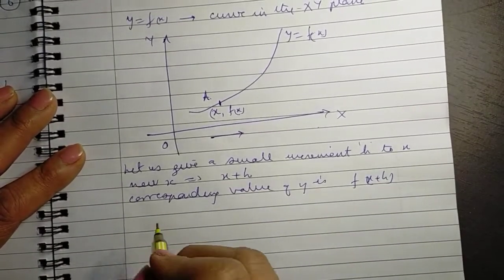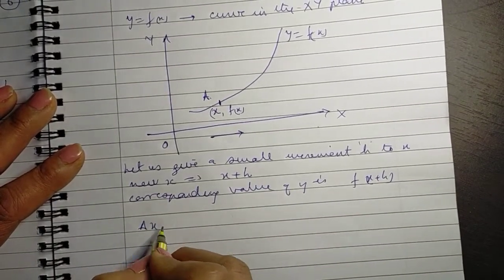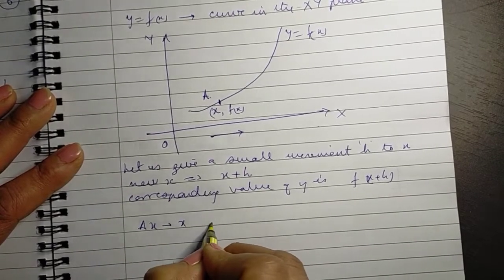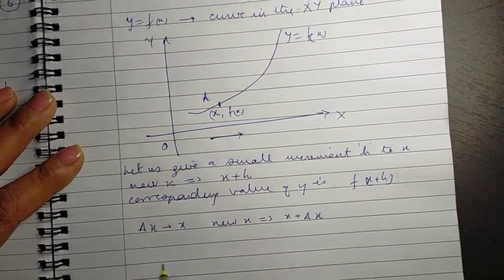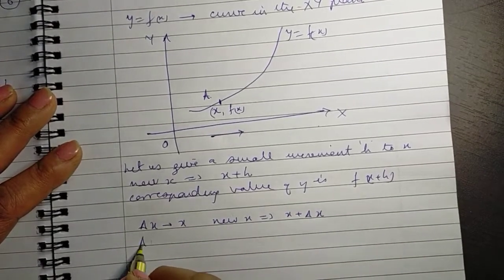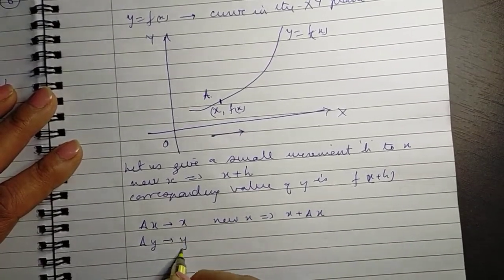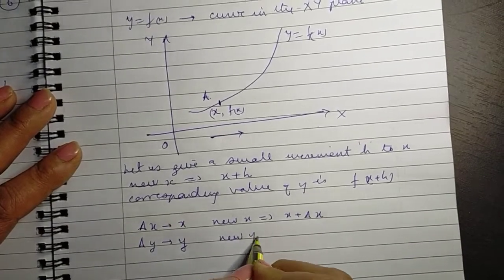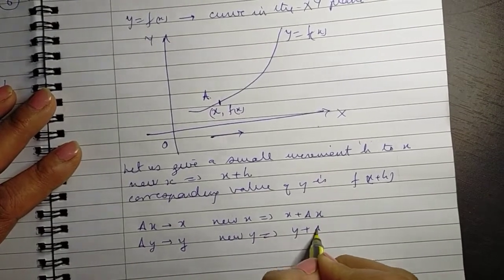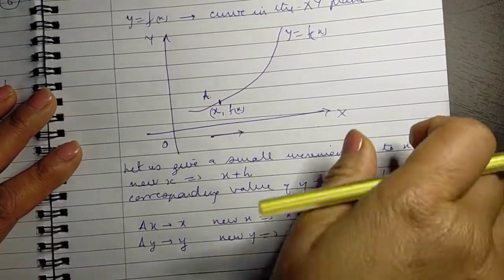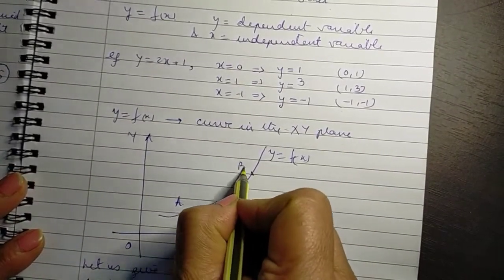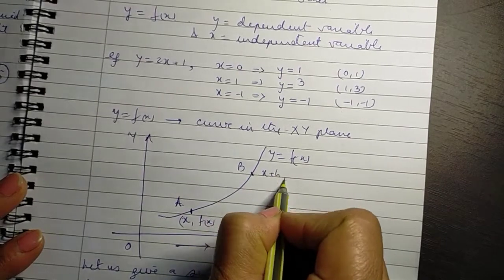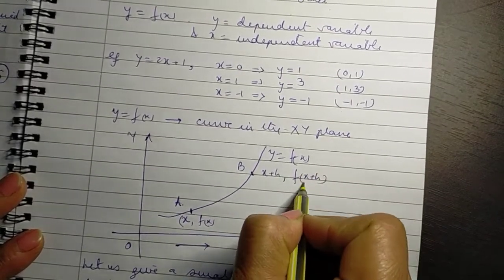Or you could say that if you give an increment delta x to x, so that the new x becomes x plus delta x, the corresponding increment in y becomes delta y, so that the new y becomes y plus delta y. Now suppose after giving the increment, we reach a point B which has coordinates x plus h, f(x plus h).